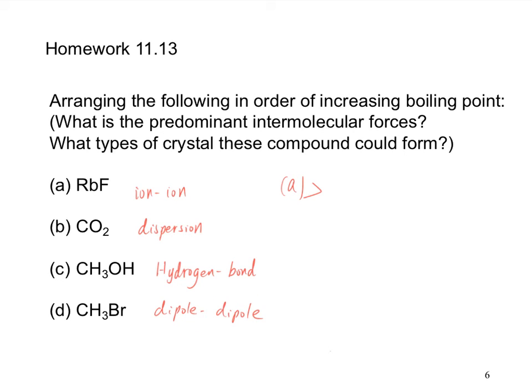So therefore, the next one should be hydrogen bond, which is C. After that, it should be D, dipole interaction. The weakest, as always, is dispersion, which is B. So therefore, in increasing boiling point, we should have A as the highest boiling point, C the second, D the third, B, carbon dioxide, is the last one.